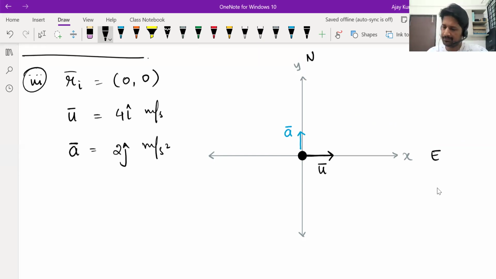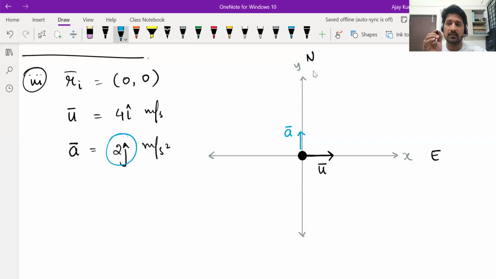No, definitely not. You can just imagine a ball going this way and you strike it towards north, or you can imagine a paper ball going this way, you blow air towards north, then it will deviate from its path, no? Or you can tell this way, acceleration is in the y direction.